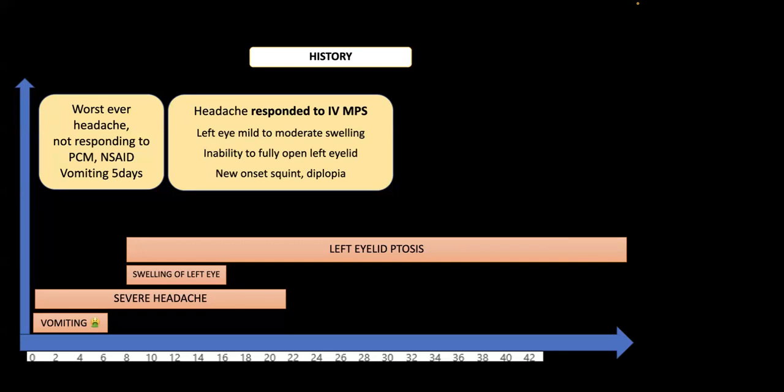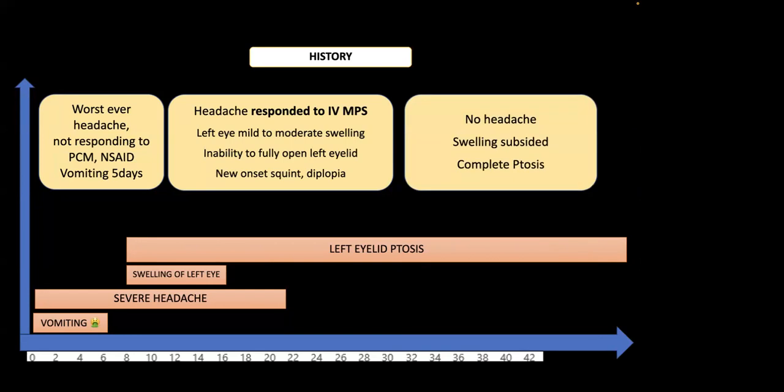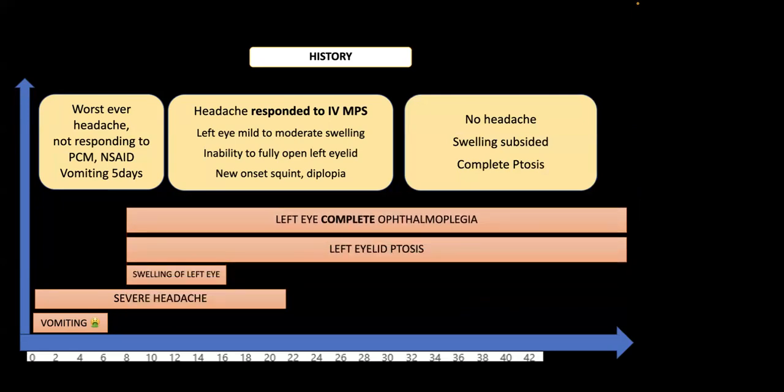So this was around the second to third week of illness. He also had diplopia, and that progressed to complete ophthalmoplegia of the left eye. There were no other symptoms. By this time, the headache had completely subsided, and the child was left with left eye ptosis and complete ophthalmoplegia.